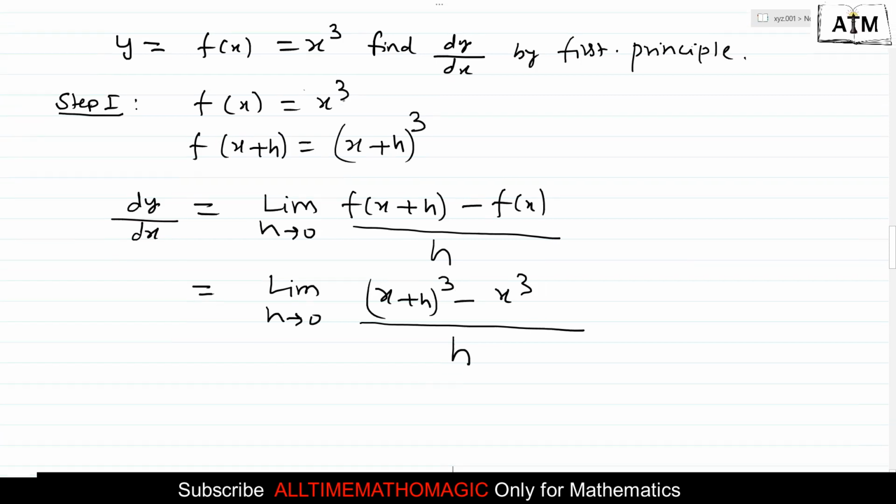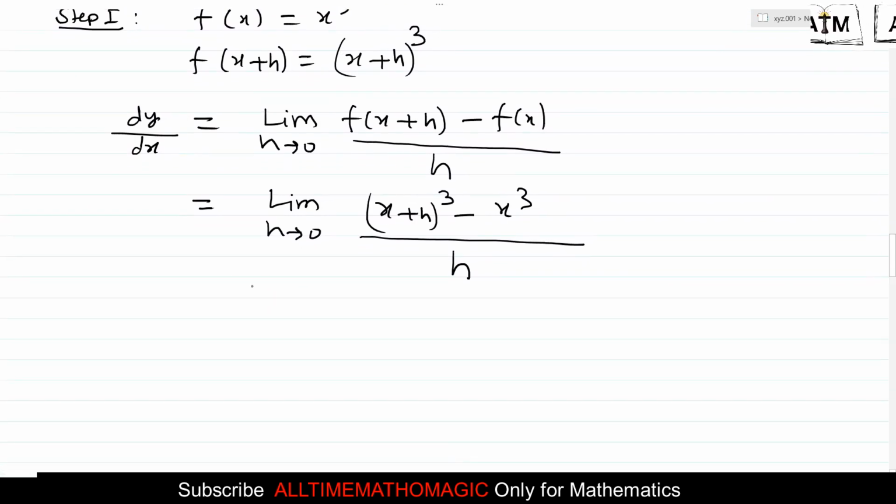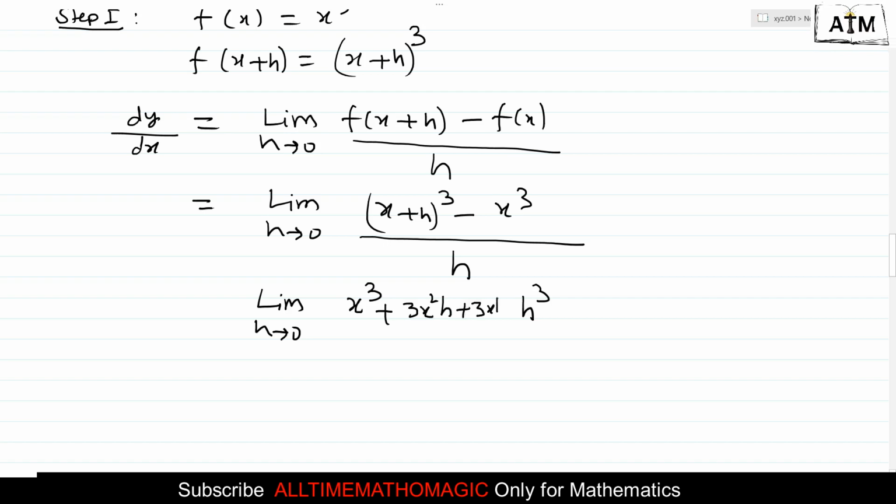Now we will open the bracket. Here is the limit h tending to 0 of x plus h whole cube. How to write it? Write here x cube, write here h cube. I am giving one easy idea: write here 3, then x square h, and write here 3x h square, this is x plus h whole cube, minus x cube upon h.